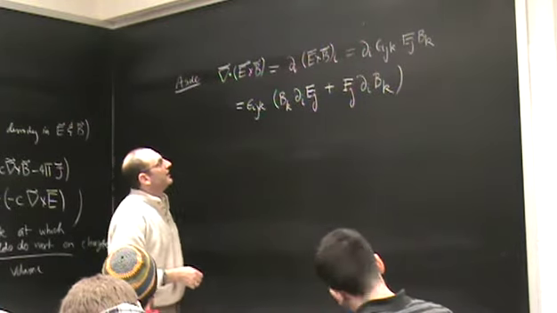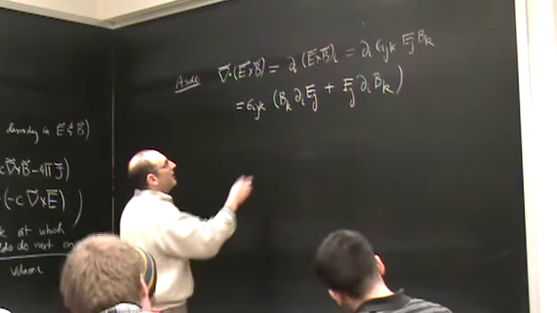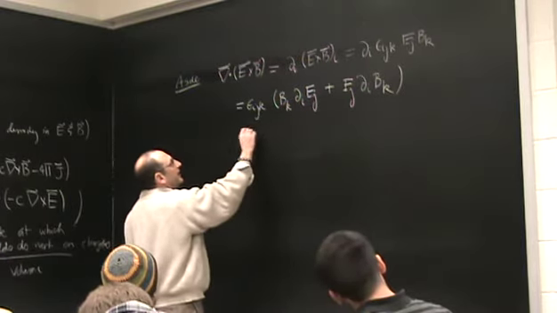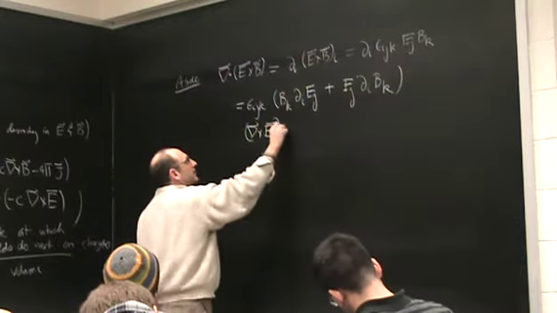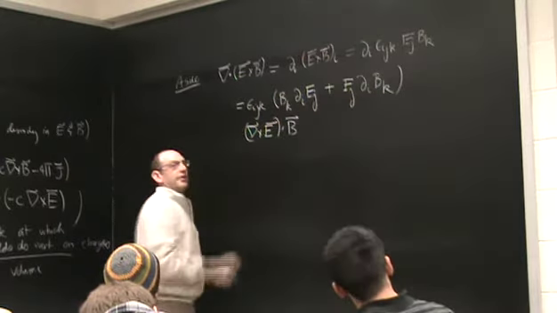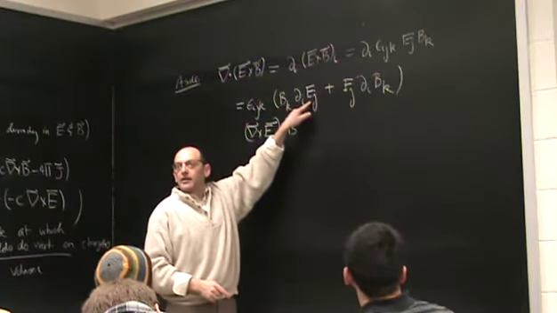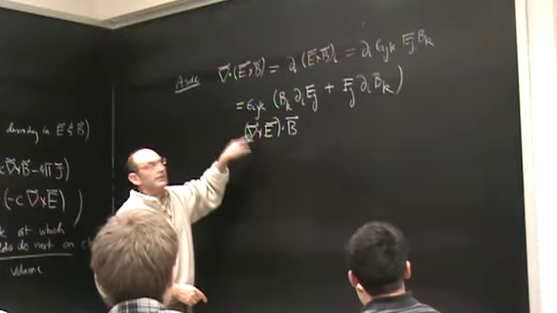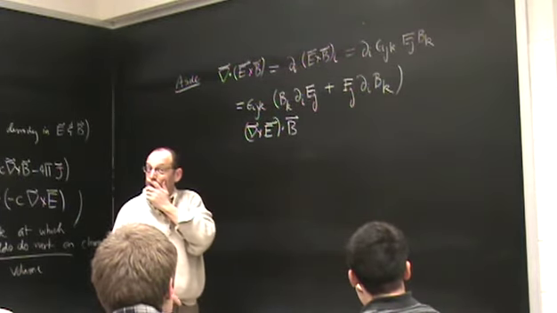So now, what is this? Well, if I put that on the other side here, this is del cross E dotted into B. That's the first term, right? Because epsilon ijk partial i E j is del cross E, and then I sum over k by that.